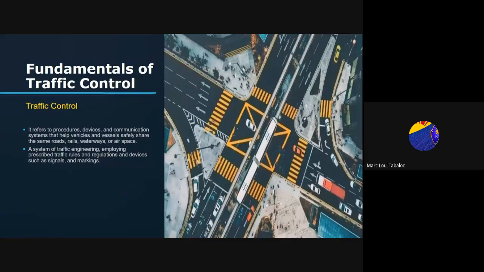And also, it is a system of traffic engineering, employing prescribed traffic rules and regulations and devices such as signals and markings. So traffic control establishes a set of rules and instructions that drivers, pilots, train engineers, and ship captains rely on to avoid collision and other hazards.